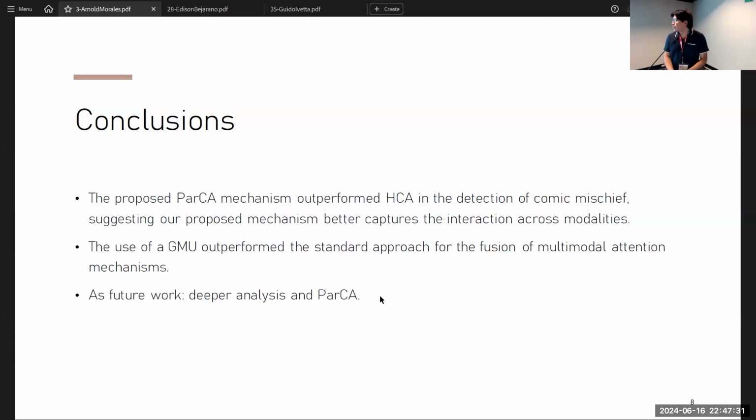And also the use of GMU outperforms the standard approaches for the fusion of multimodal attention mechanisms. As future work, we want to test this model on different data sets, and also do a deeper analysis on this model, specifically with the GMU fusion, to make sure that it is learning only the most relevant aspects of this information.